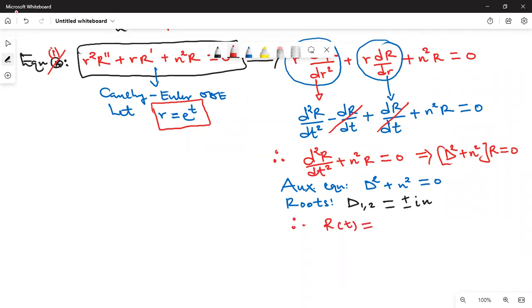It will be equal to, call it C1 cos nt plus C2 sin nt.